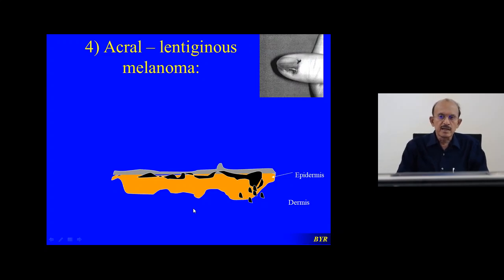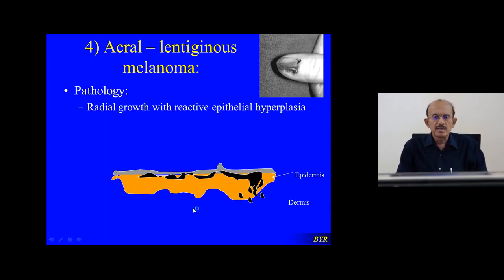And the fourth variety is the acral lentiginous melanoma. Here there is radial growth with reactive epithelial hyperplasia. So you can see here the melanin growth is there laterally. As a reactive thing, there is epithelial hyperplasia over it.